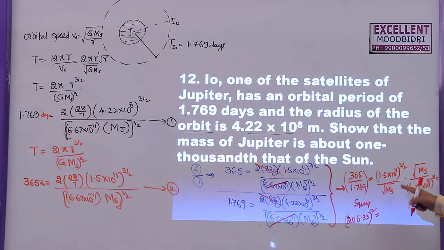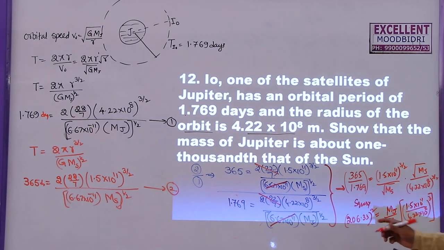On the right side, squaring, you will get mj by ms, the mass of Jupiter by the mass of Sun. And when you are squaring this one, this will become this cube by this cube, that is 1.5 into 10 power 11 by 4.22 into 10 power 8, whole cube only.